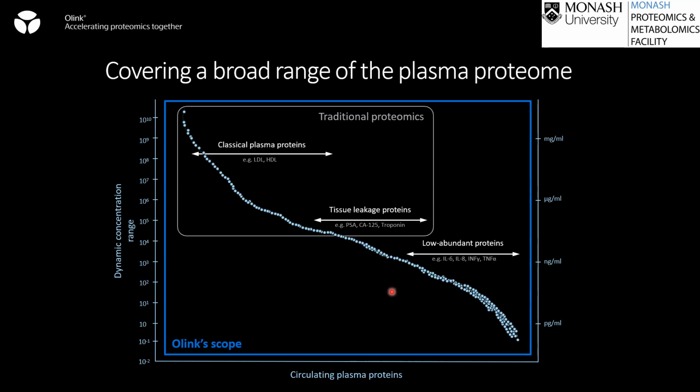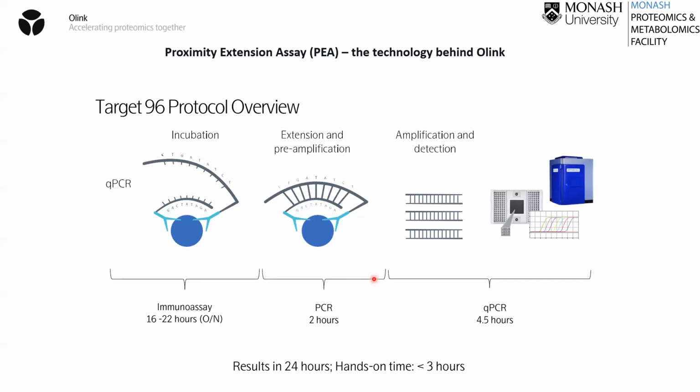This Olink technology helps us measure these low amounts of protein. So how does this technology work? Olink is based on a technology called proximity extension assay, or PEA for short. How it works is they have two probes for each target that they want to measure, and by having two probes, it decreases cross-reactivity.